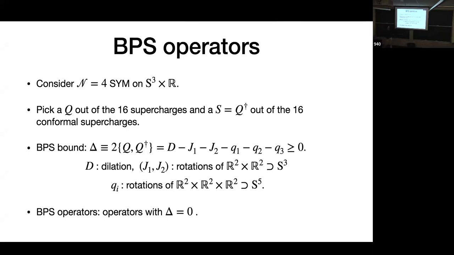We have 3 extra charges, which are R charges, and they correspond to rotations for the S5 in AdS5 times S5. You basically embed the S5 into R2 times R2 times R2, and Q1, Q2, Q3 are the separate rotations of these three R2s.